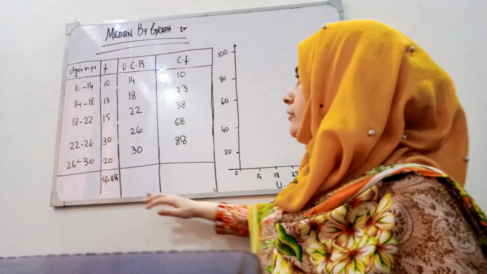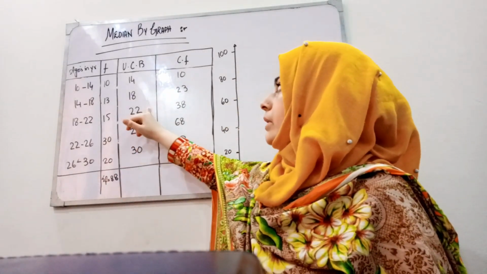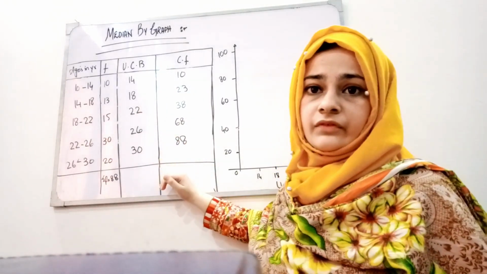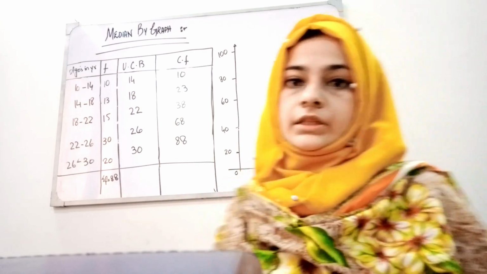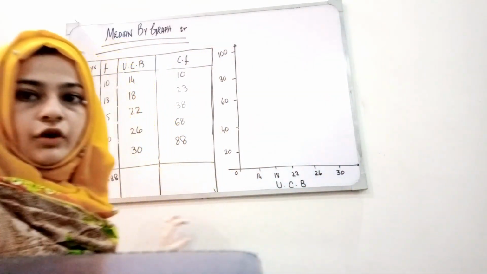Here we have the upper class boundary, and we have constructed the table for that particular graph. Now we need to construct the graph for that data.